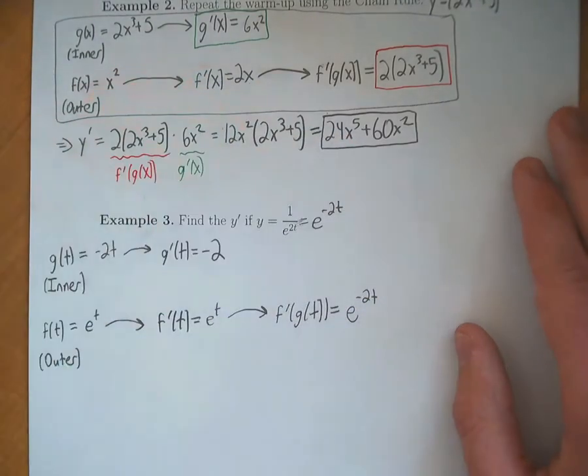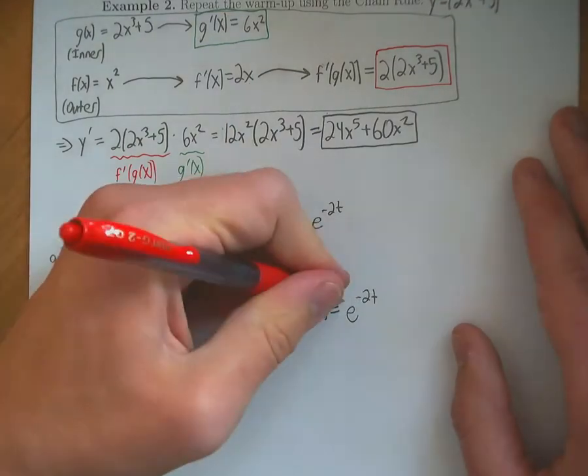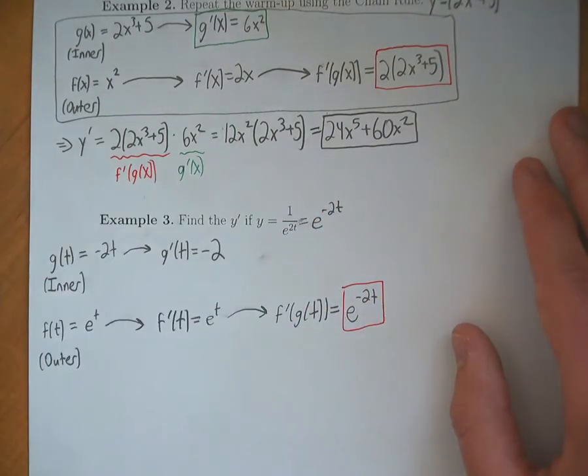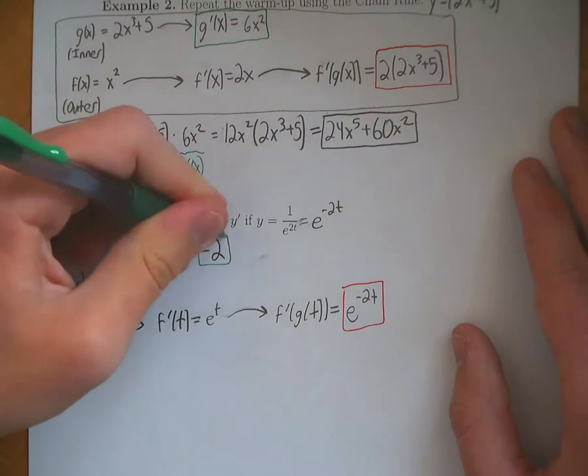Negative 2t, good. So in this case, we'll multiply this function here with this.